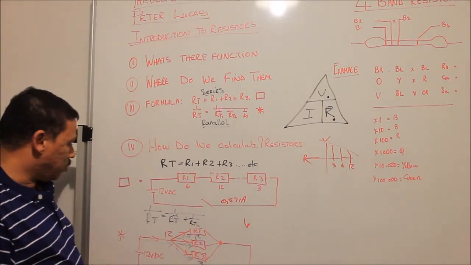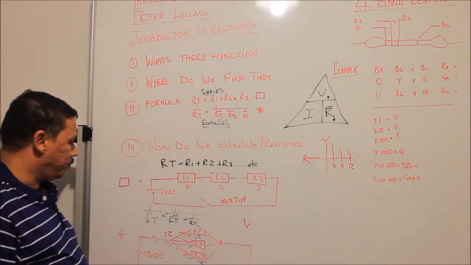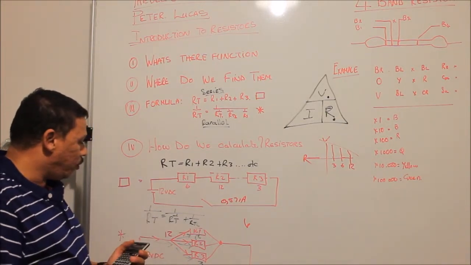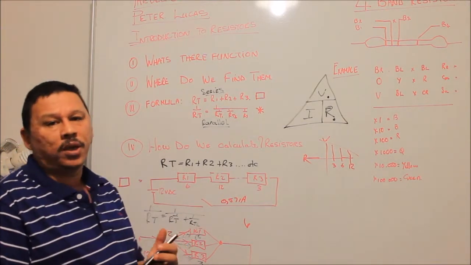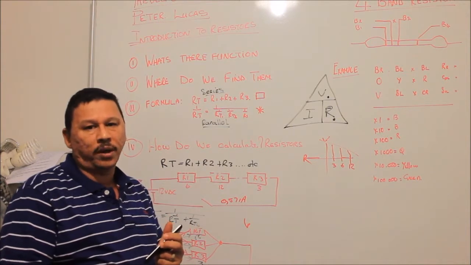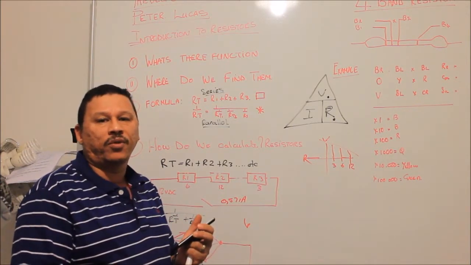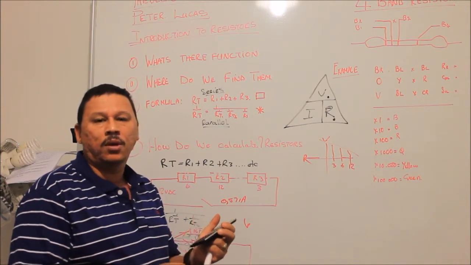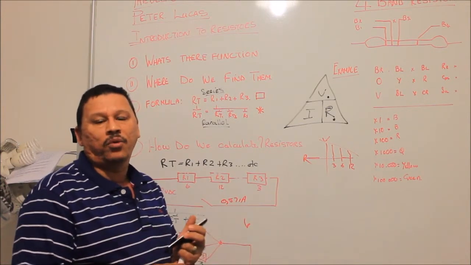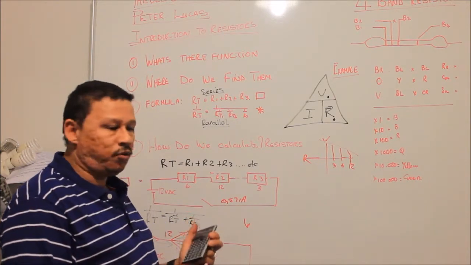But let's get back to the resistor network and just quickly do a calculation for you. So the formula for a parallel network is 1 over RT equals 1 over RT1 plus 1 over RT2 plus 1 over RT3. That is the simple little formula.